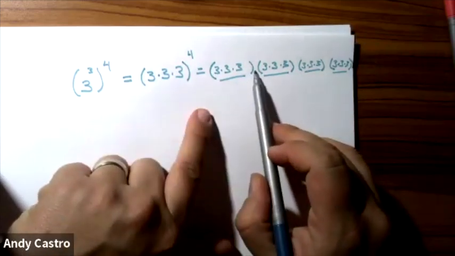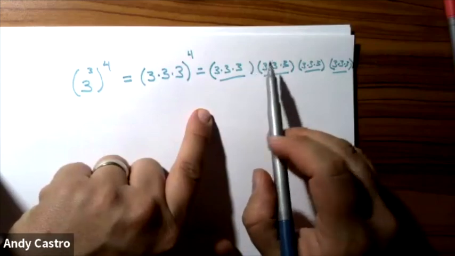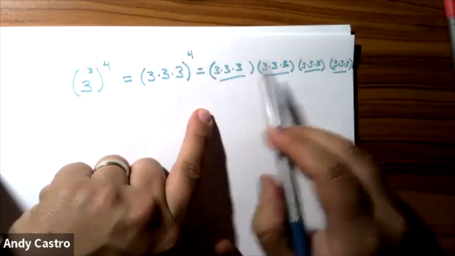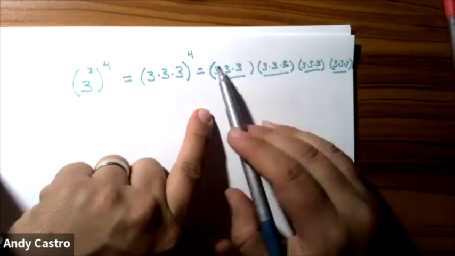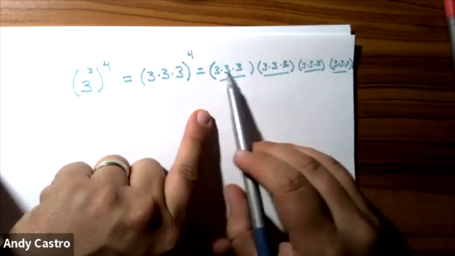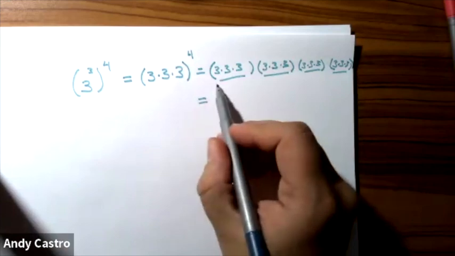Well, here, the parentheses just mean I'm multiplying. There's no addition or subtraction, so there's no having to distribute. There are no terms here. It's all factors. So I can multiply all this out.